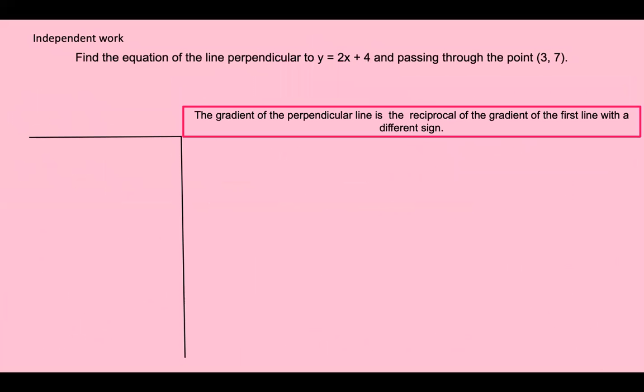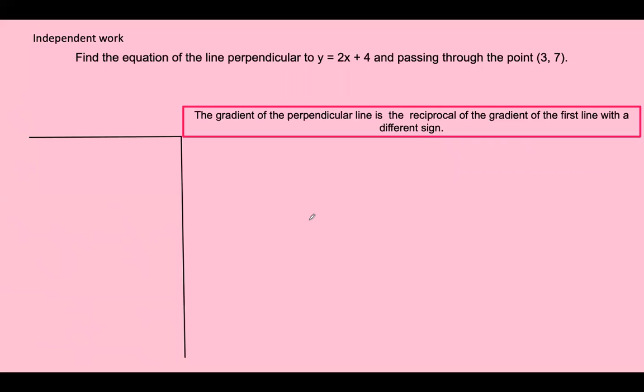Now, here you have some independent work. You can follow exactly the same strategy that I followed. Write the first line on the left-hand side. It helps you memorize the gradient. It's the same strategy I used for parallel lines as well. On the right-hand side, write the new gradient of the line that is perpendicular in this case, and work out with the points that they go through to find the c, and then rewrite the whole equation again.